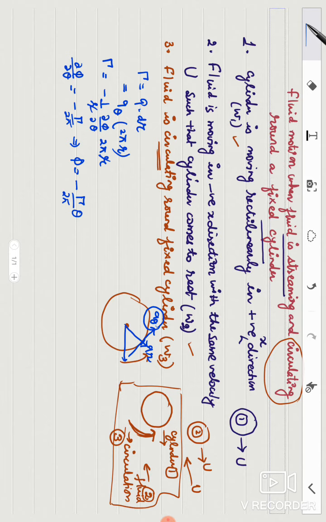Now using this value, I can get psi: ∂phi/∂theta is equal to minus r ∂psi/∂r, and ∂phi/∂theta is minus gamma upon 2 pi.